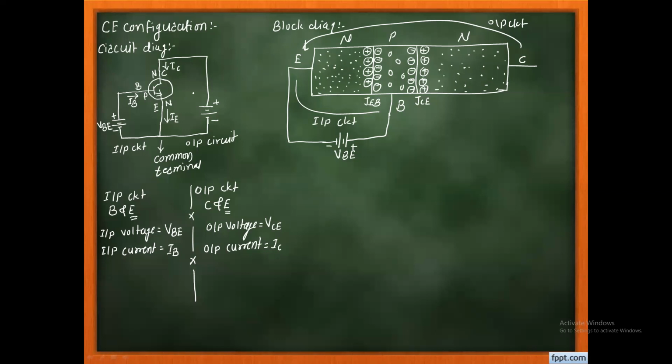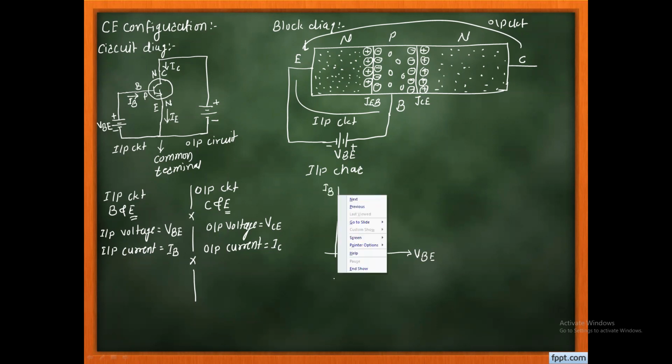Okay. Now, if I want to draw the input circuit characteristics, they are drawn between the input circuit voltage, which is VBE, and the input circuit current, which is IB, for a constant value of the output circuit voltage, that is VCE, which we have to keep constant.